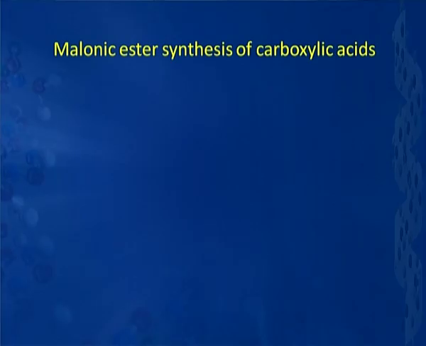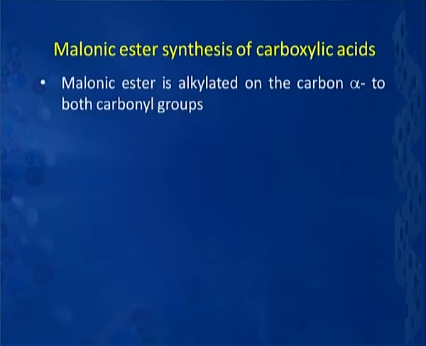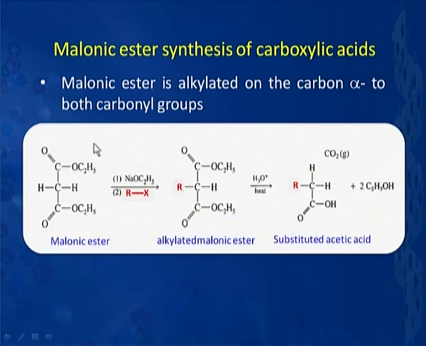The second method we have to recall here is the malonic ester synthesis of carboxylic acids. In this method, we take malonic ester, that is my malonic ester here, and we alkylate it on the carbon atom which is alpha to both carbonyl groups here. That means these are my two carbonyl groups, and this is my carbon which is alpha to them.